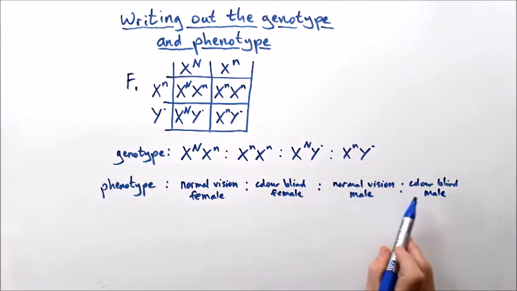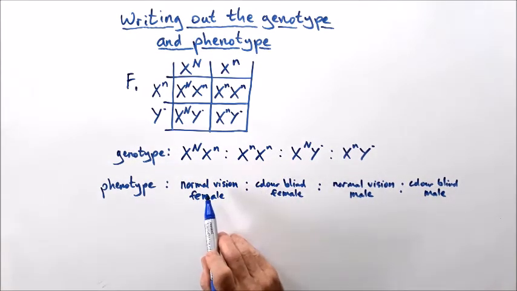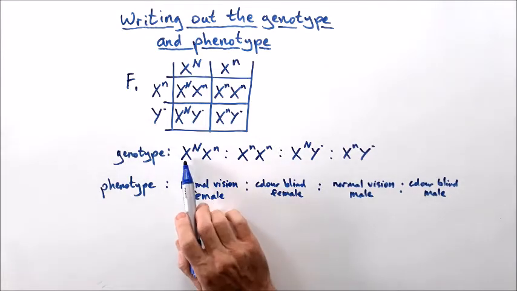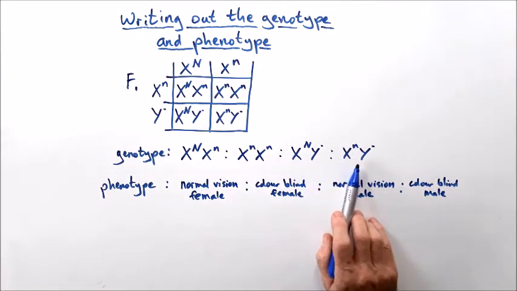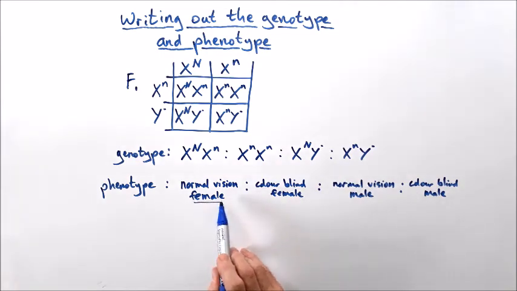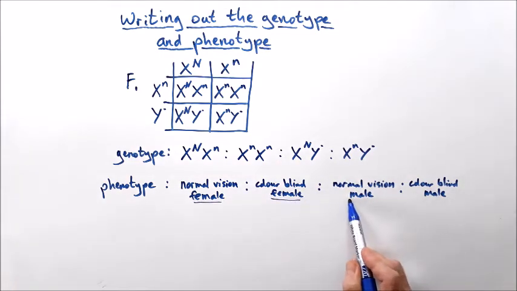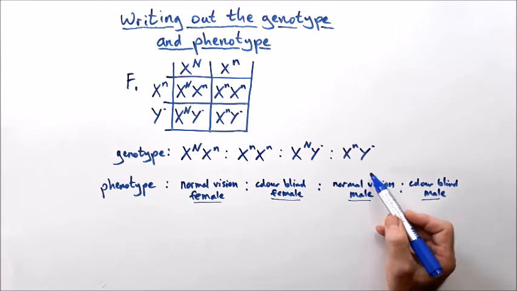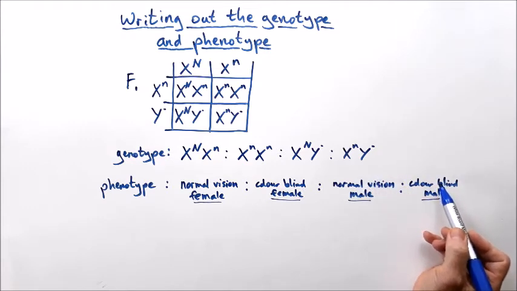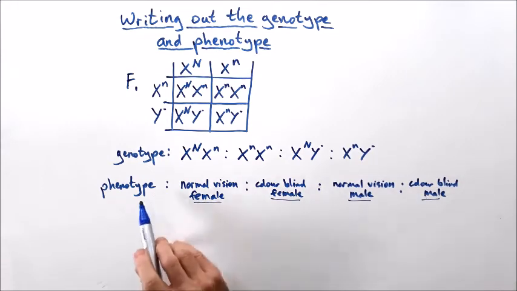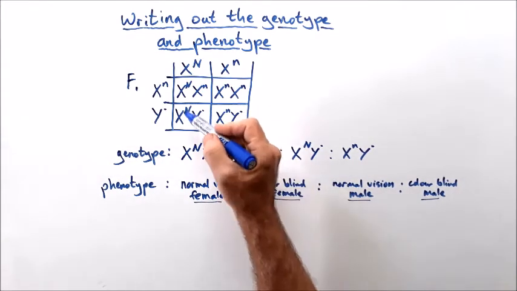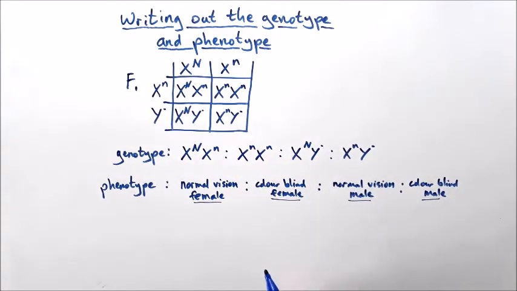The reason why we have to put all four down is because we have also included the difference between females and males. So we have to say female, female, and male, and then if they're colorblind or normal vision, colorblind or normal vision. That is the full expression of the phenotype of that rather complicated F1 generation.